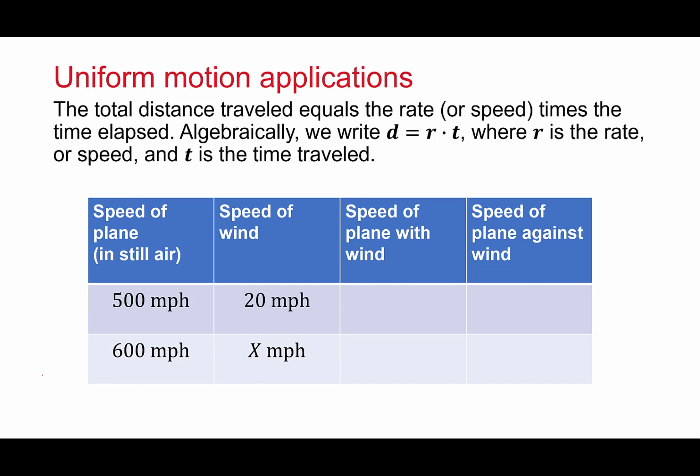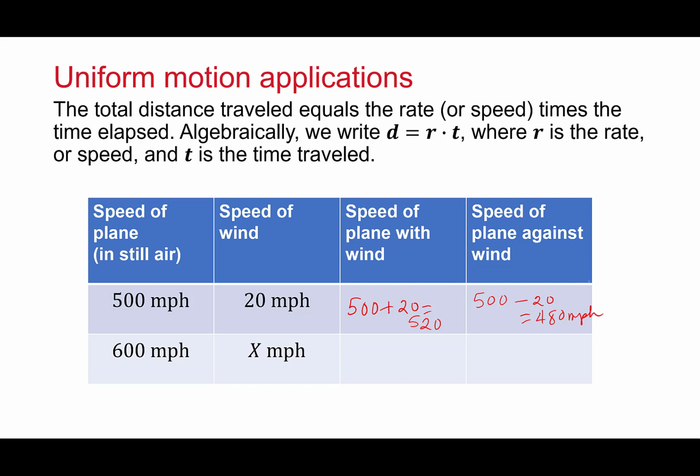So that is, the speed of the plane with the wind would be 500 miles per hour plus the wind speed, 20 miles per hour, for 520 miles per hour. But if we are flying directly into the wind, the plane speed is slowed down by the wind speed. That is, the speed of the plane against the wind is 500 minus 20, or 480 miles per hour.